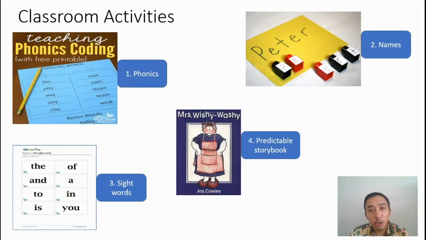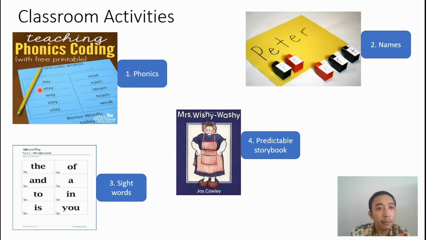We go on to the classroom activities. The common classroom activities of teaching reading to young learners, the first one is phonics. Phonics relates to the phonics-based instructions. In teaching phonic coding, we teach the repetition of combinations of letters that have similarity.